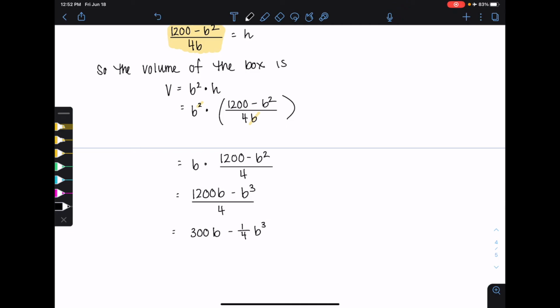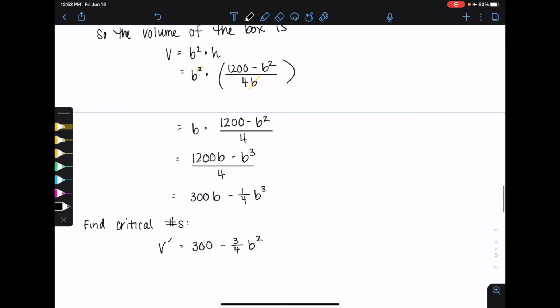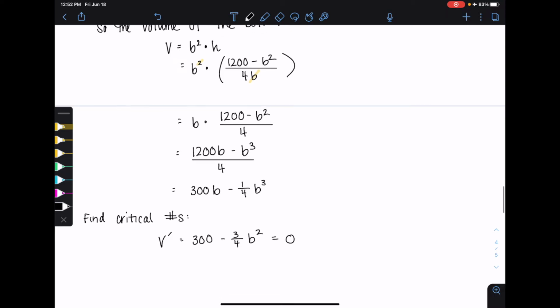So I want to maximize this. We go ahead and find those critical numbers. So I need to take a derivative. That will give us 300 minus 3/4 b squared. Want to set this thing equal to 0.